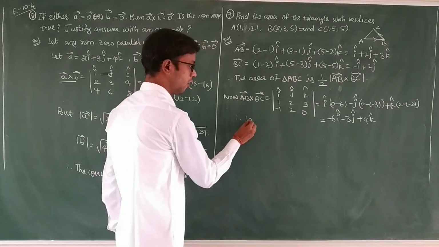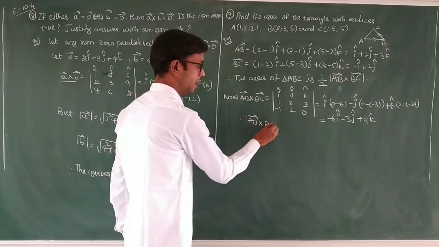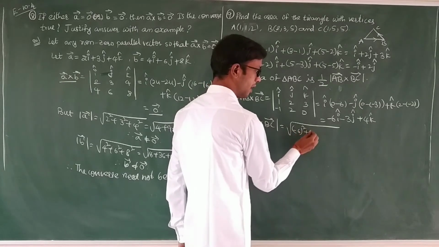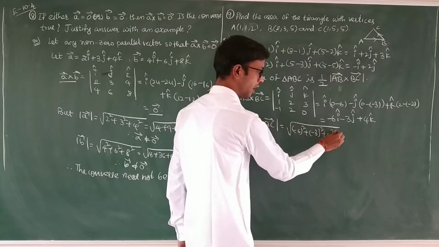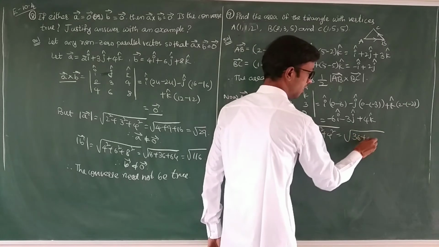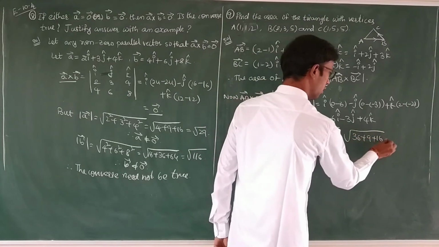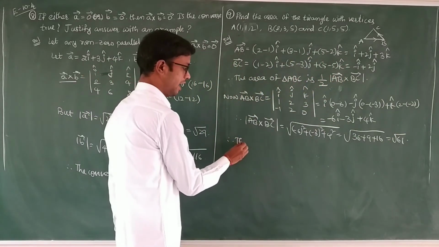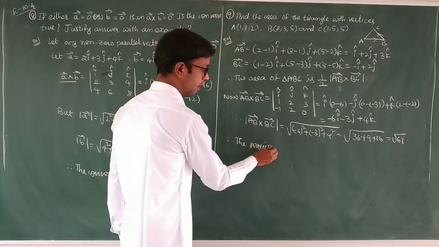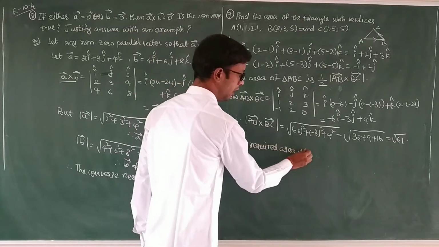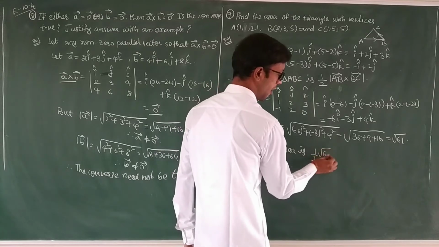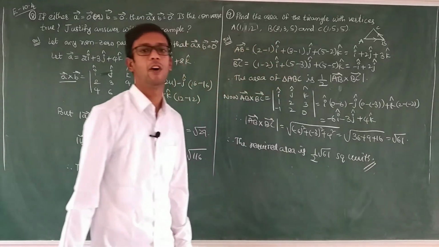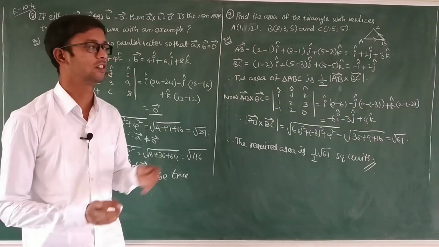Therefore, the magnitude of AB bar cross BC bar is the square root of minus 6 square plus minus 3 square plus 4 square, that is 36 plus 9 plus 16, root 61. Therefore, the required area is 1 by 2 root 61 square units. So this is the way of finding the area of a triangle when the vertices are given.